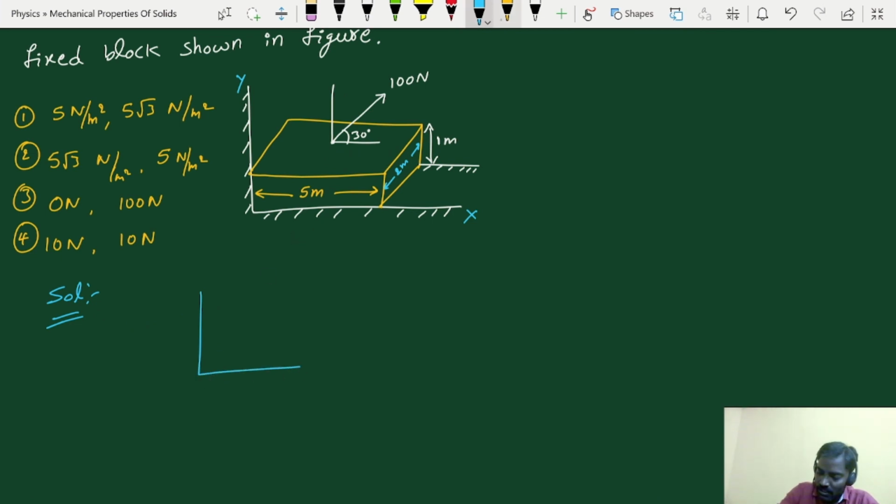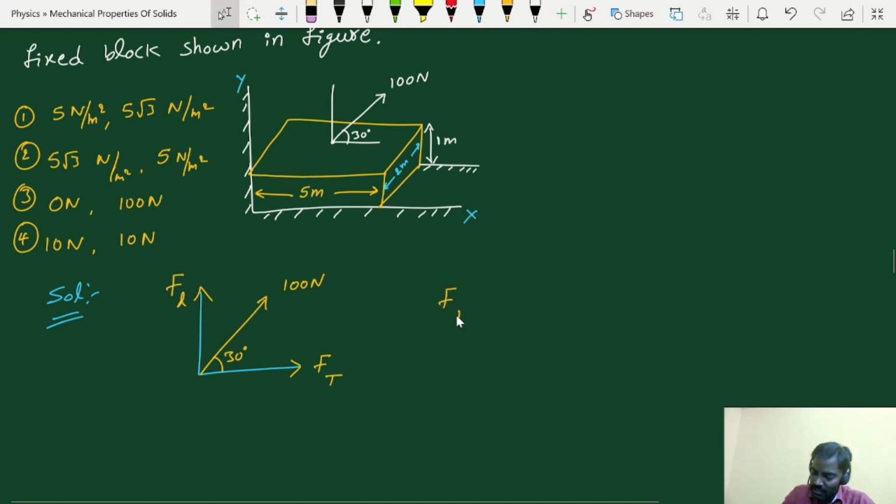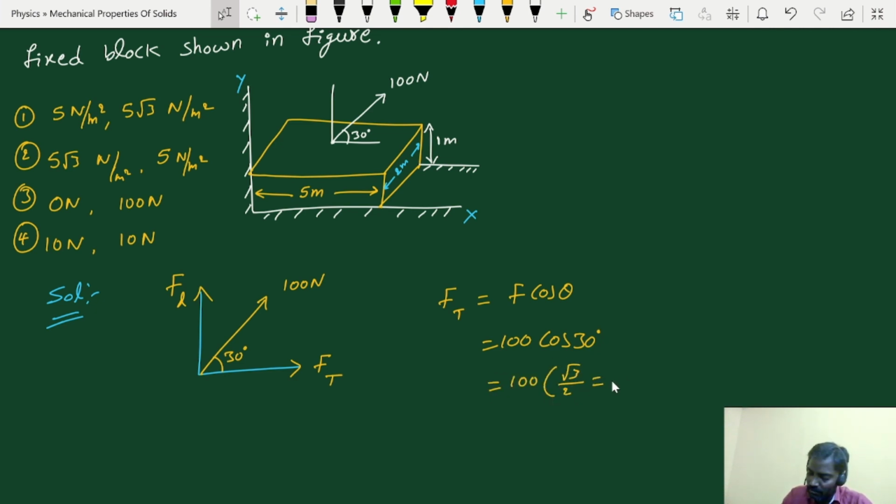Here the given force of 100 Newton is acting by making 30 degrees with the horizontal. Say this is the tangential component and this is the longitudinal component. The tangential component is equal to F cos theta, that is 100 cos 30, which is 100 into root 3 by 2, which is 50 root 3 Newton.